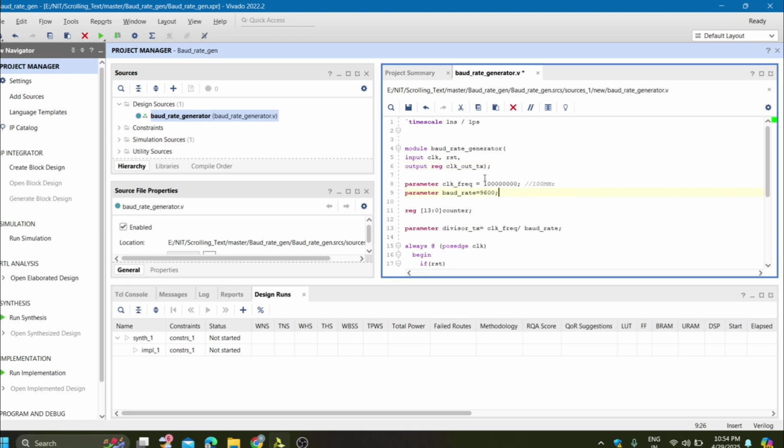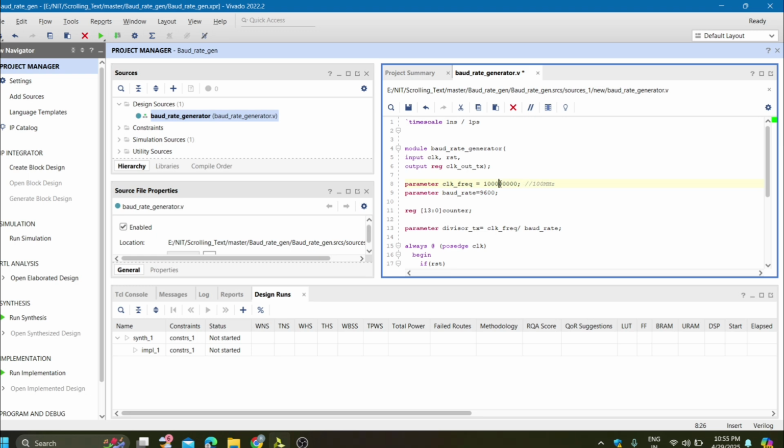Now here, parameter clock frequency. We use a 100 megahertz value. Why are we using 100 megahertz here? Because whatever board we are using in this UART hardware implementation, that board's internal clock frequency is 100 megahertz.